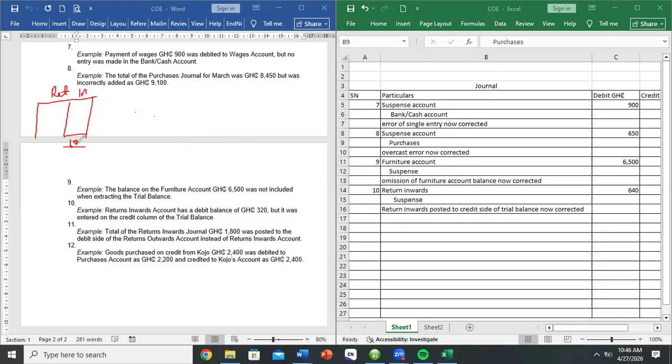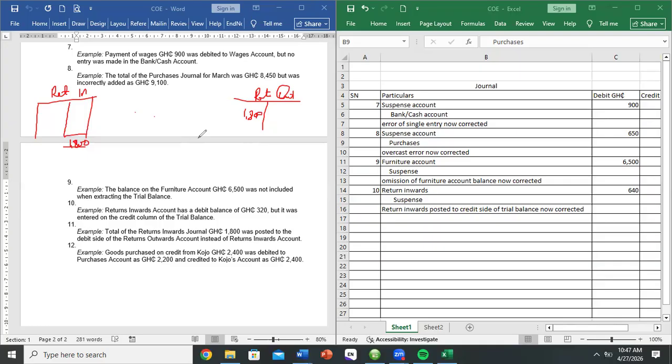So if you are posting this, you all know that you open a return inwards account and you debit it. But what happened? He has opened return outwards, and has debited return outwards with 1,800. Please, what type of error is this? Follow it carefully.